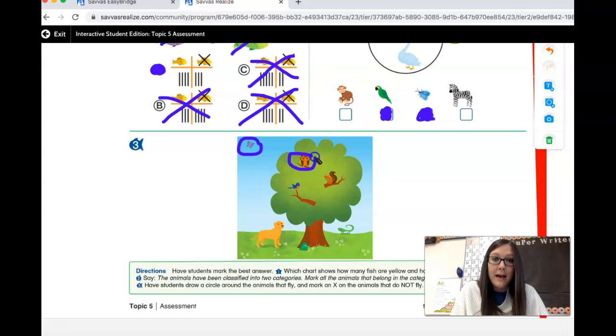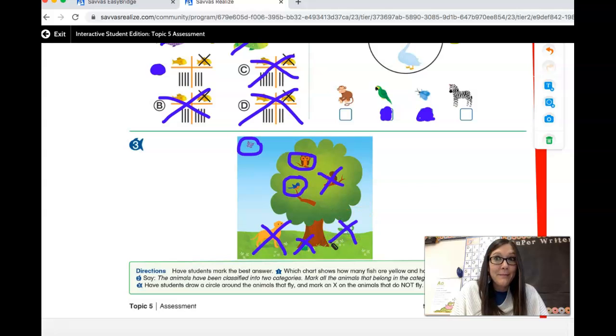Owls fly. They have wings. Birds fly. Squirrel does not fly. Dog does not fly. Frog does not fly. Newt does not fly.